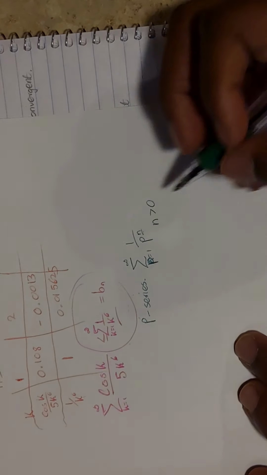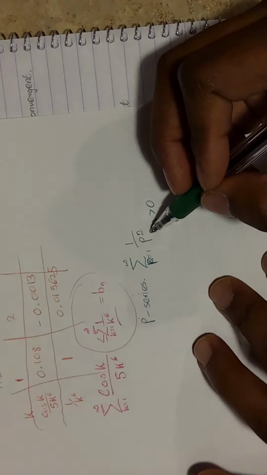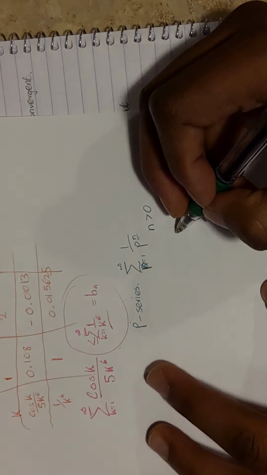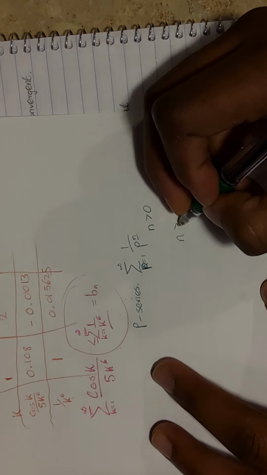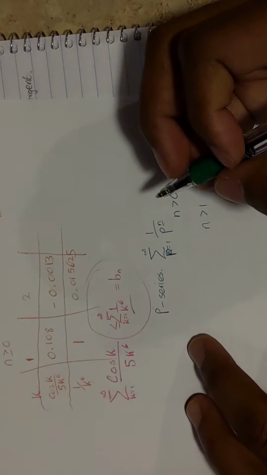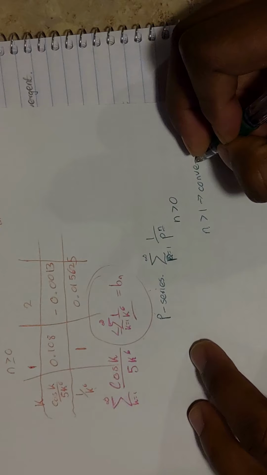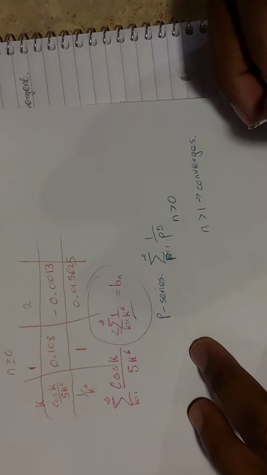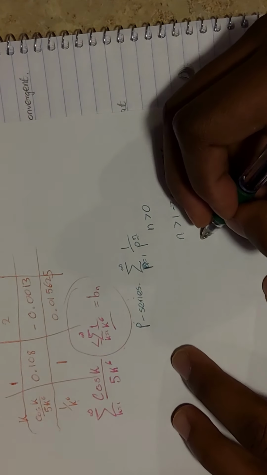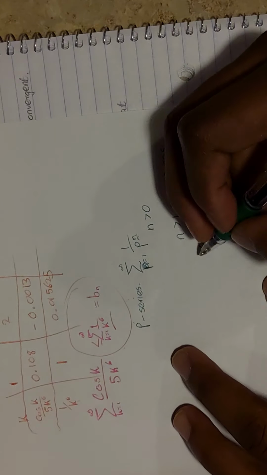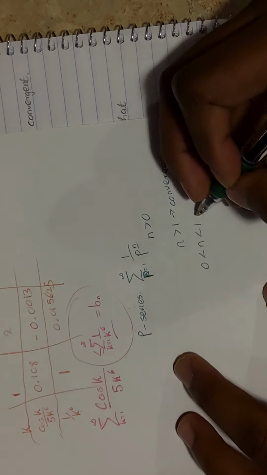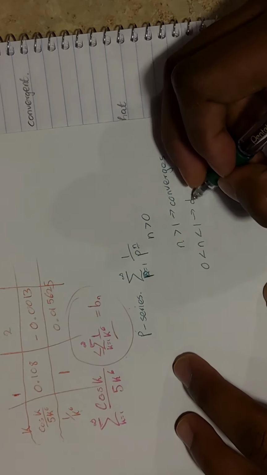So we know that for the power over here, if p is greater than 1, then our series converges. And if p is greater than 0 but less than or equal to 1, then this series diverges, right?